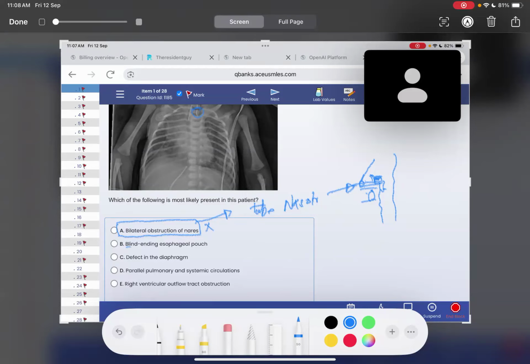Next, blind-ending esophageal pouch. Yesterday we discussed tracheoesophageal fistula and esophageal atresia. Basically, this is your trachea and this is your esophagus.